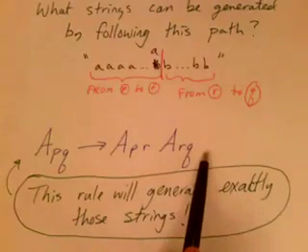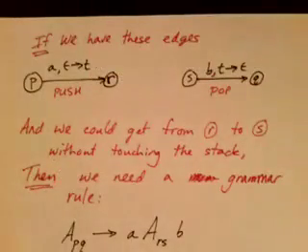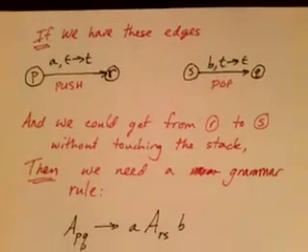So now let's repeat the recipe for constructing our context-free grammar. We're given a pushdown automaton and we've simplified it. We've made sure that we have exactly one start state and one accept state, and that the stack is emptied before we reach the accept state, and that every transition either pushes or pops.